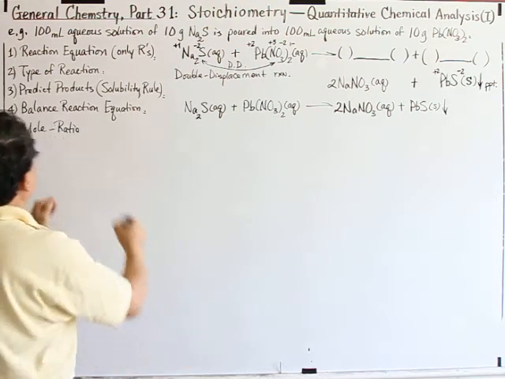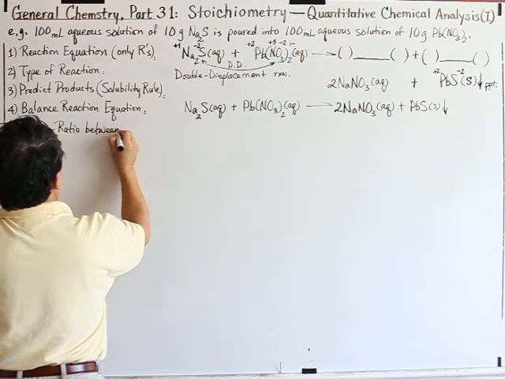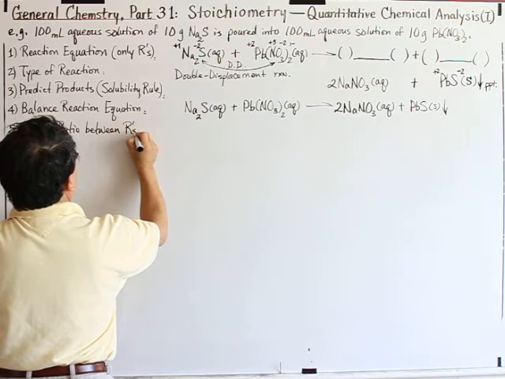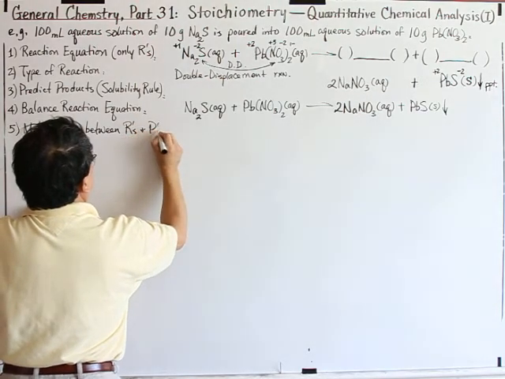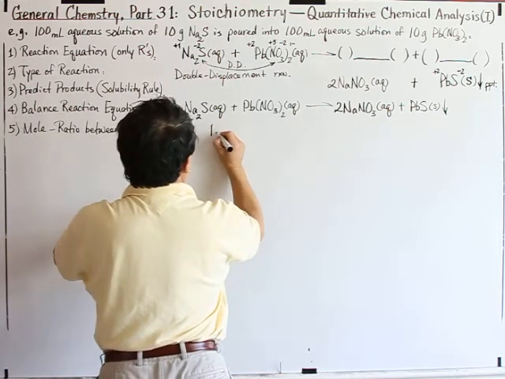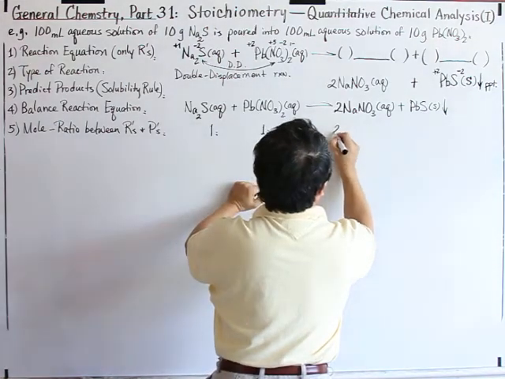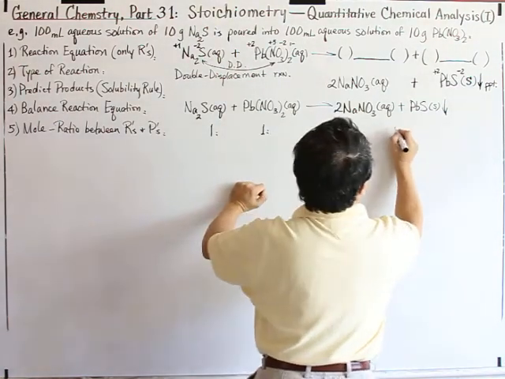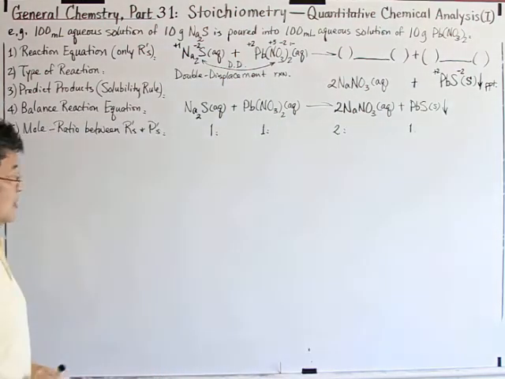Between all the reactants and the products. So what is the mole ratio? This is 1 to 1 to 2 to 1, right?